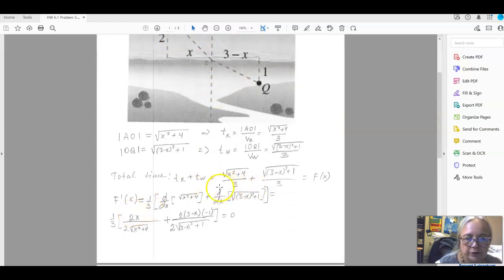So we found this function, t sub r plus t walking, time walking, based on these two radical expressions. Then when we differentiate, in my case I could take 1/3 as a coefficient outside and differentiate separately this and this.